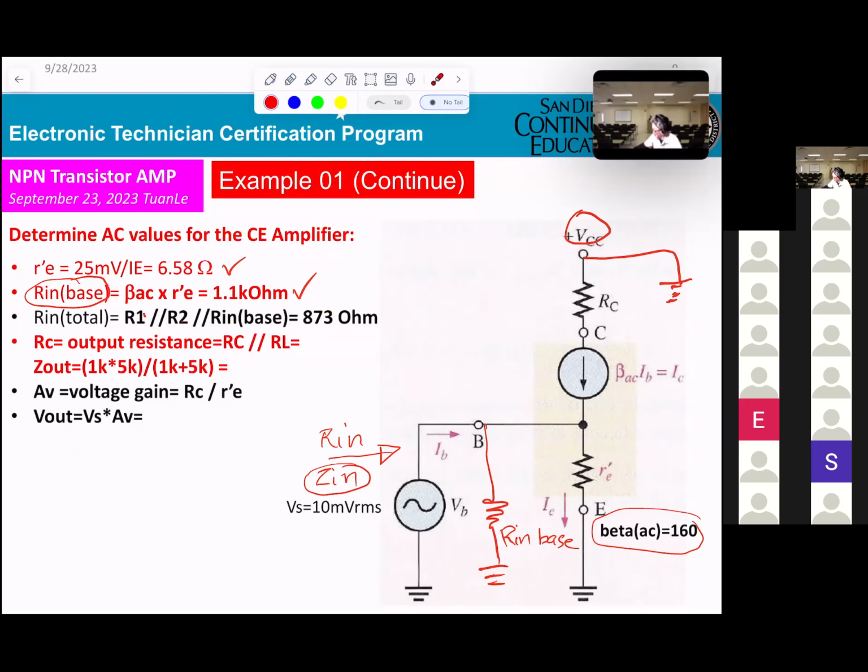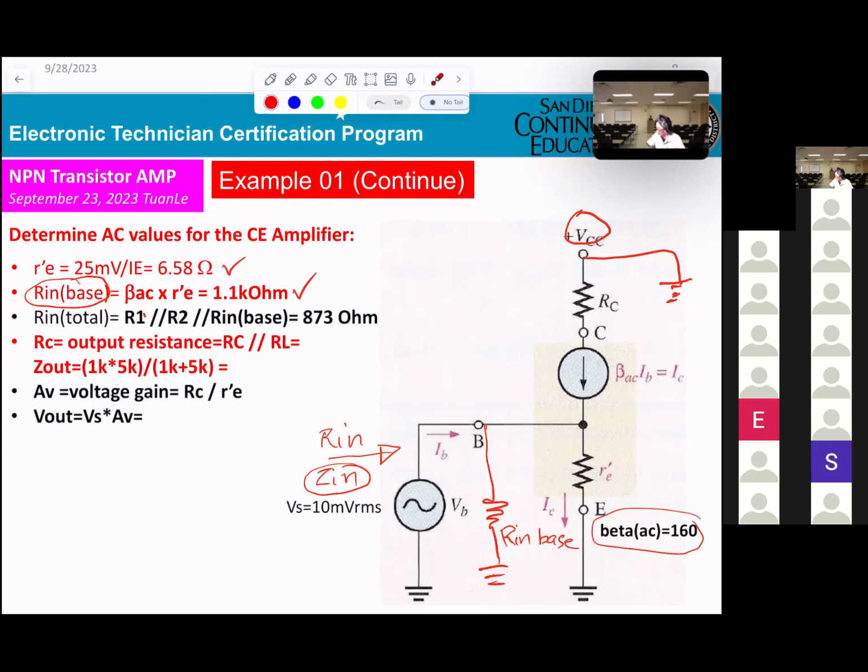And if you do the calculation, you get 873 ohm.